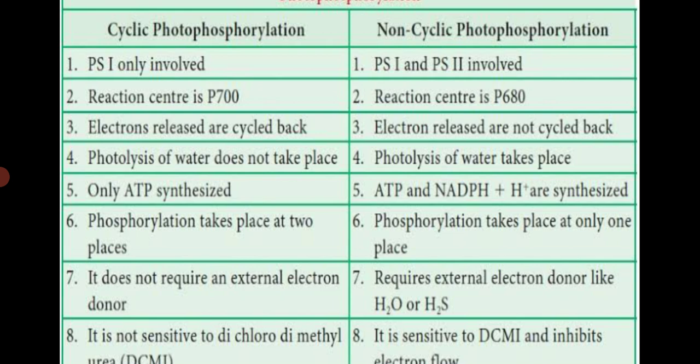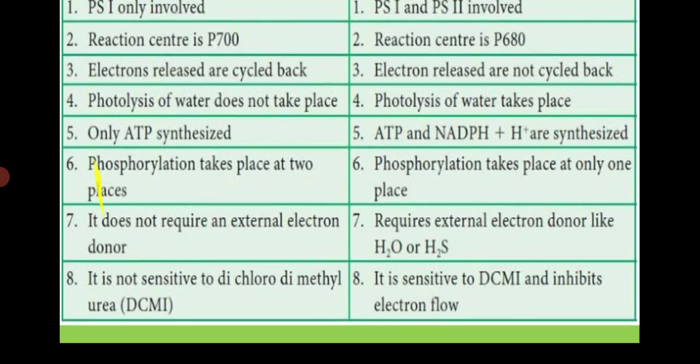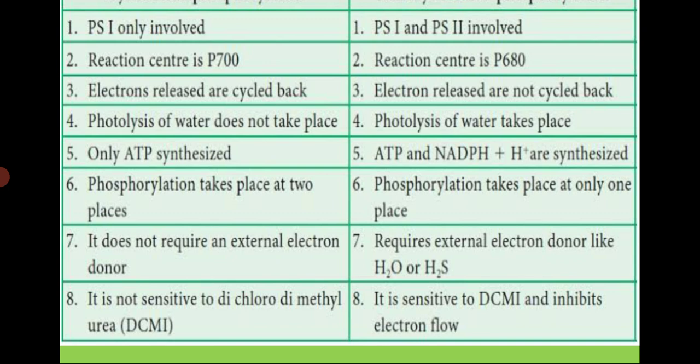Cyclic photophosphorylation does not require an external electron donor. Non-cyclic photophosphorylation requires an external electron donor like H2O or H2S. Cyclic is not sensitive to dichlorophenyl dimethylurea, whereas non-cyclic photophosphorylation is sensitive to DCMU.